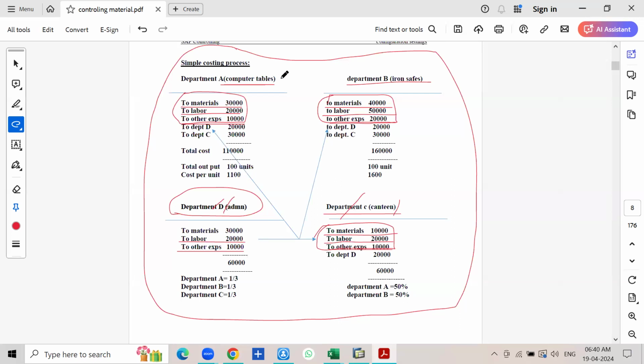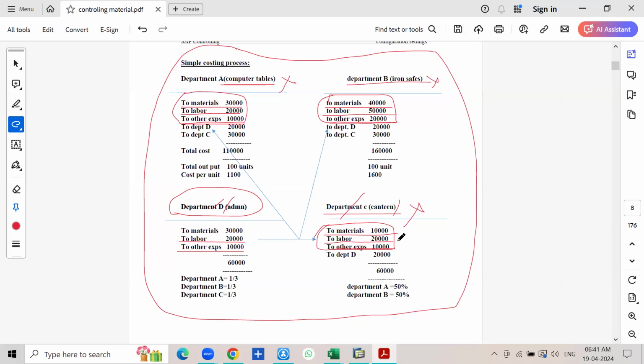Suppose you don't have department A, department B, and department C. Then is it necessary to have department D, the administration department?